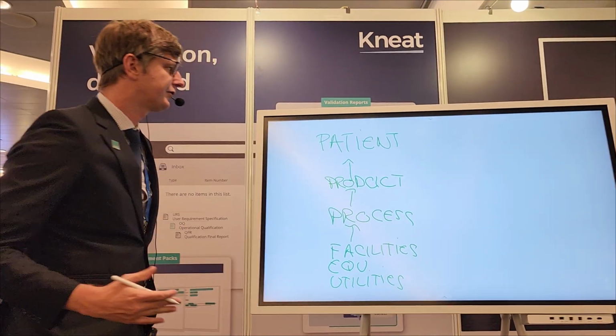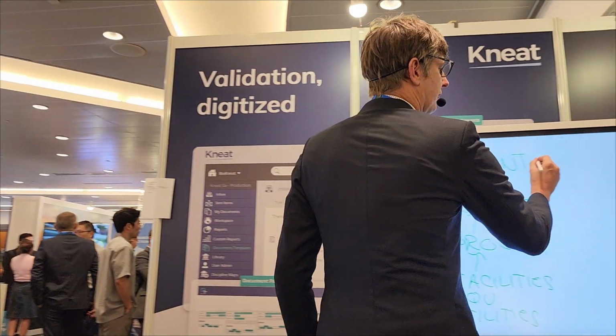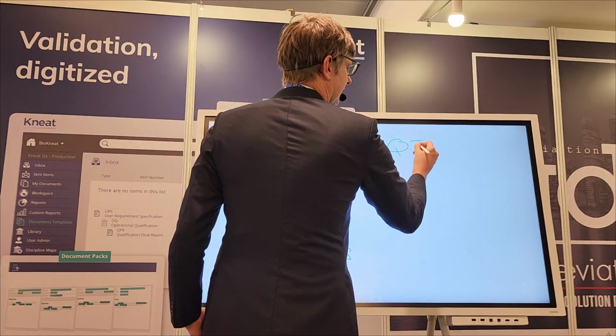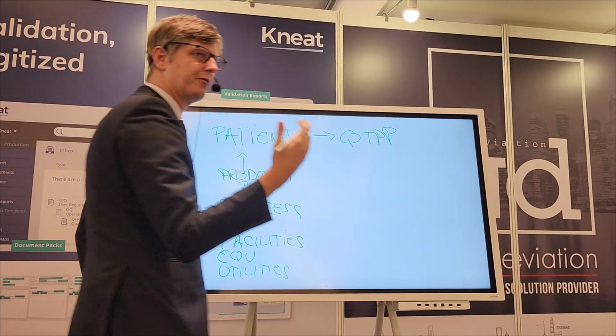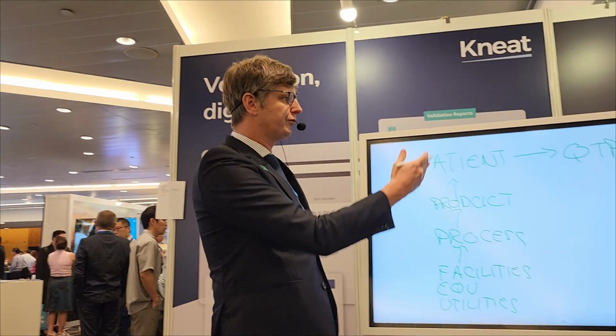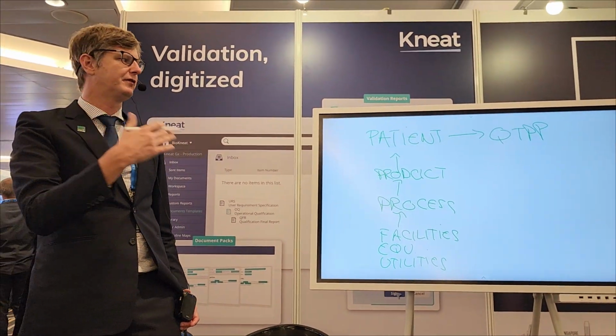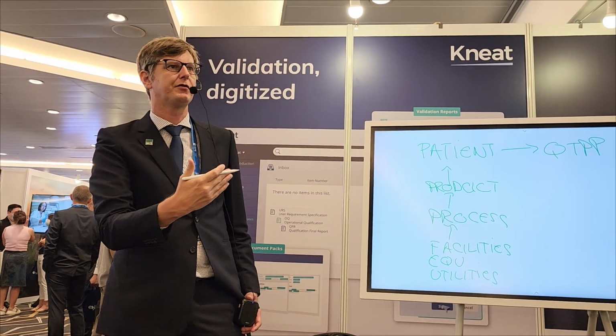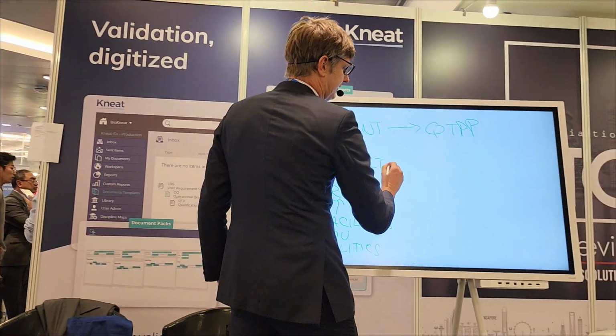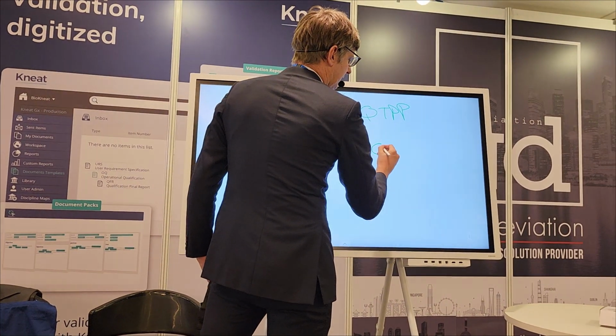Right. So what defines the need of the patient will be what we call the quality target product profile, right? And the quality target product profile is really what is the problem you try to solve for your patient. To solve that problem, we're going to give him a product, and that product will answer the need of the patient if we build into it the critical quality attributes.